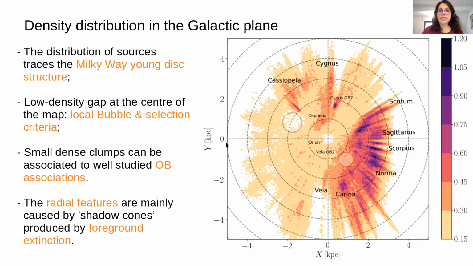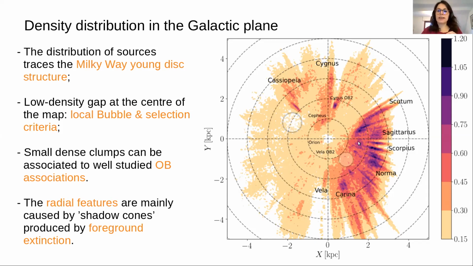Then you can see that the dense clumps correspond to very well-known star-forming regions. For example, Orion and Vela are within 500 parsec, and then there are massive star-forming regions such as Cygnus, Vela OB, Carina, and then other massive star-forming regions towards Scutum, Sagittarius, and so on.